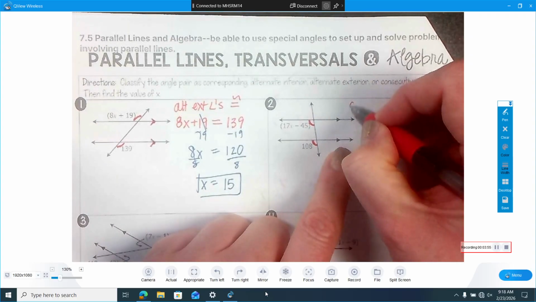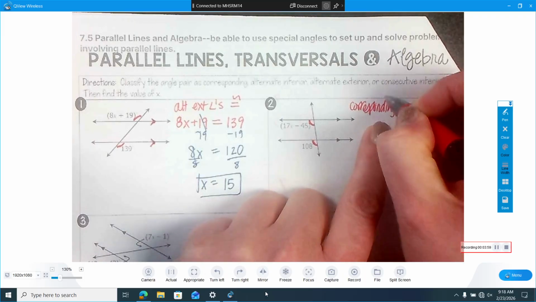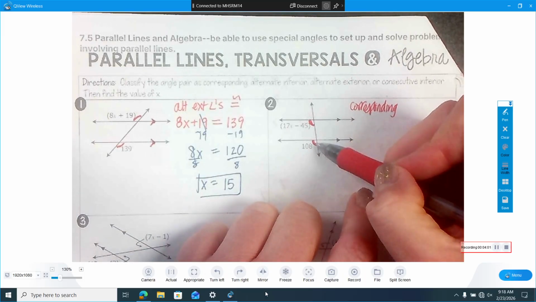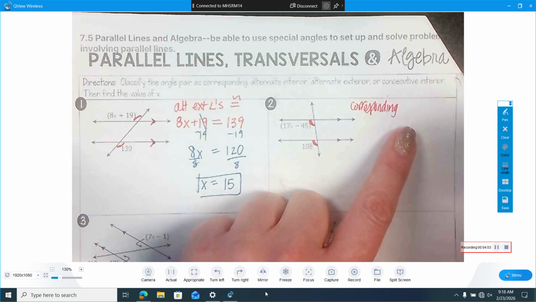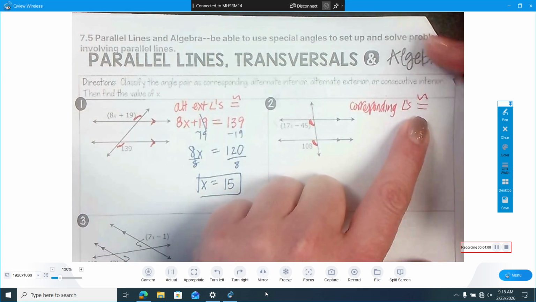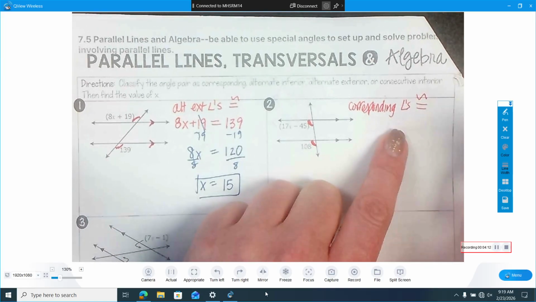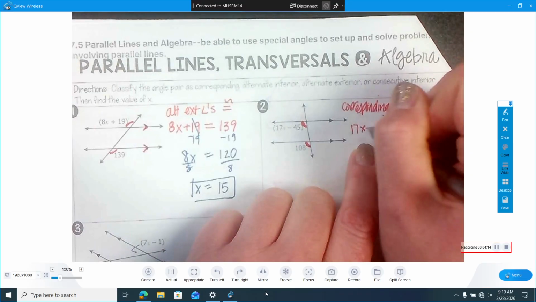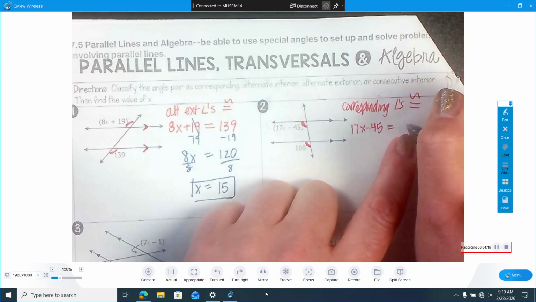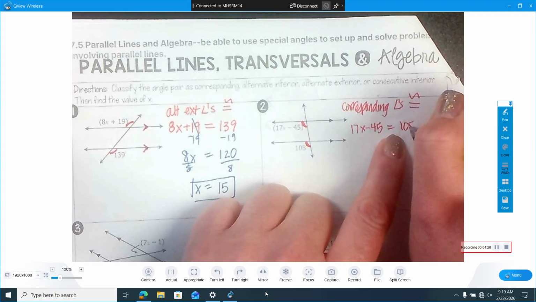Corresponding, yes. They are both in a similar position. Corresponding angles are congruent. Always. And if they're congruent, what's the equation we're going to set up? 17x minus 45 equals 108 degrees.